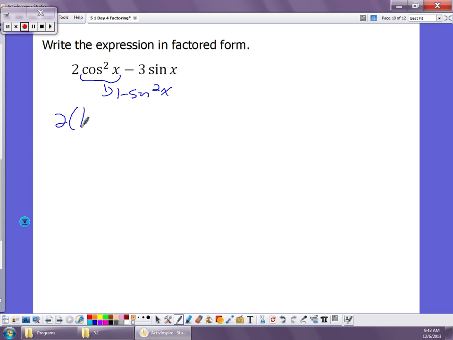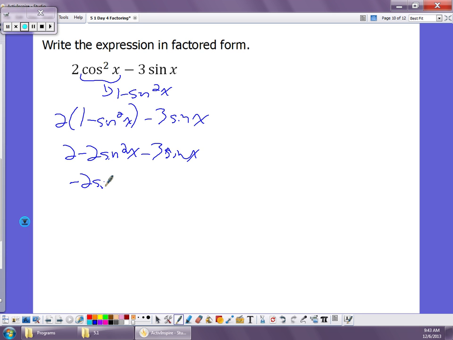So 2 times 1 minus sine squared x minus 3 sine x. Okay? Then you would just distribute the 2. So 2 minus 2 sine squared x minus 3 sine x. Now you would just have to reorganize this a little bit. So negative 2 sine squared x minus 3 sine x plus 2.